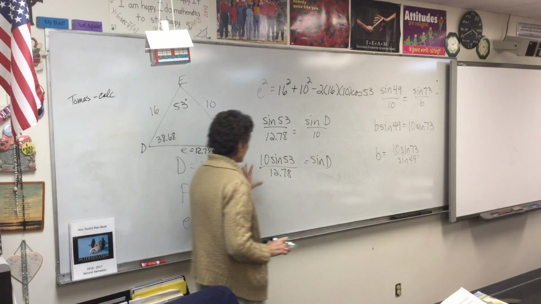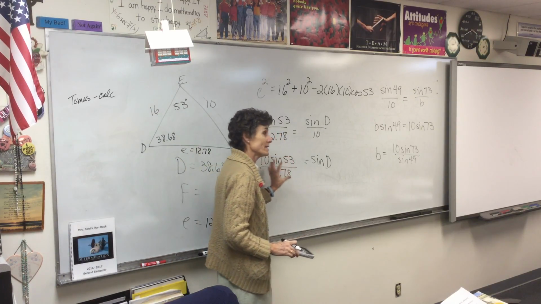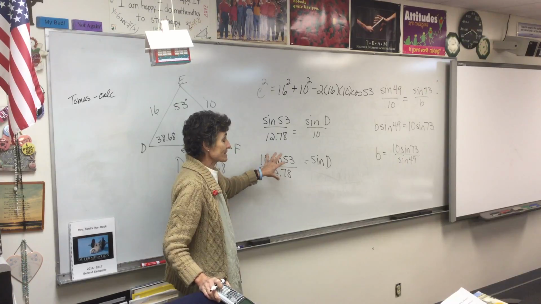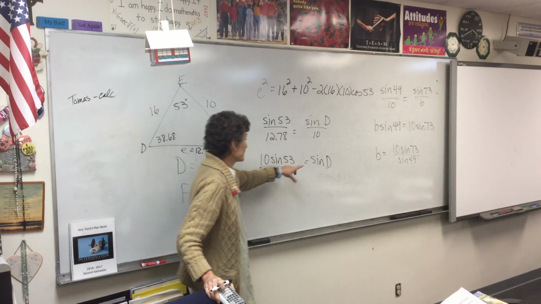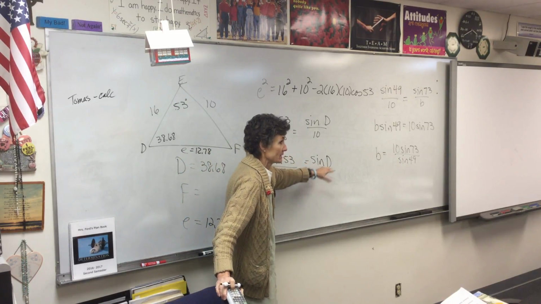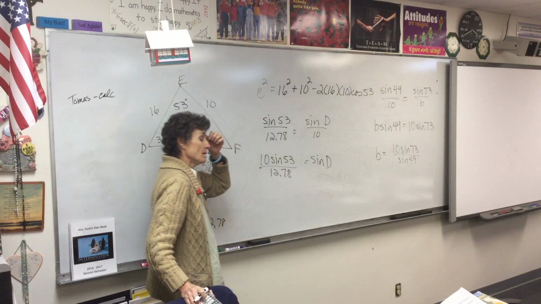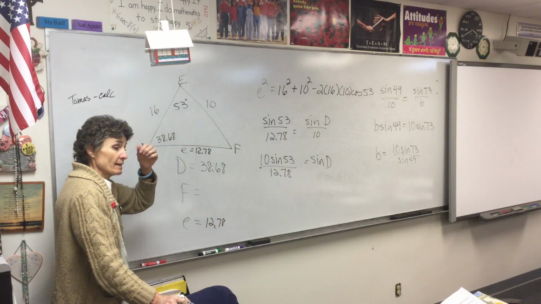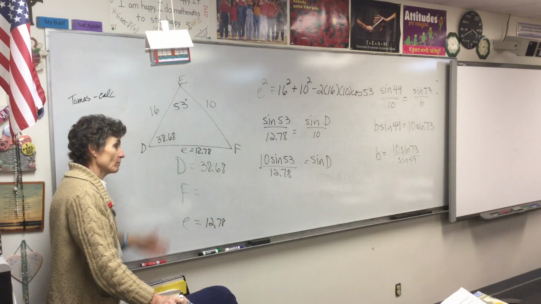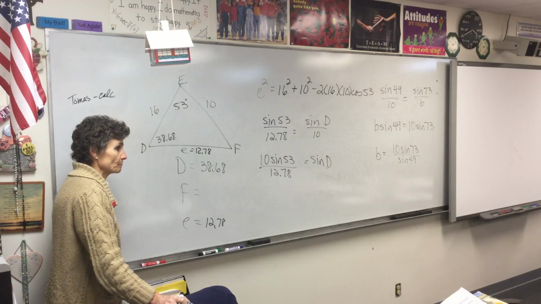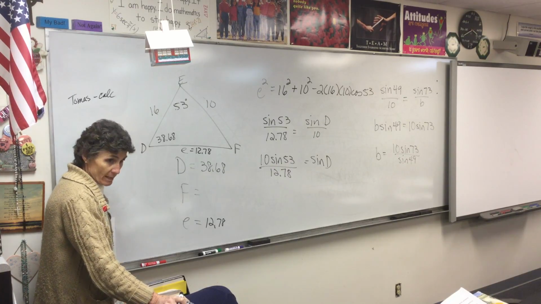Remember, when you type this in, you're going to just get point something. That's not the answer. You have to second sine it. To get the actual angle, you're always going to have to use inverse sine or cosine or whatever function you're using. Okay?